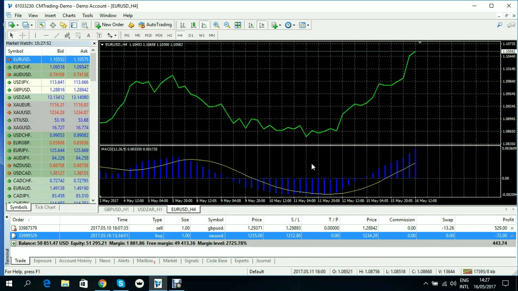On the other hand, for a sell trend, the bars will have to cross below the zero zone, and the signal, this moving average, will also have to cross below this zero zone. When these two conditions are met, a sell trend is confirmed. Then you can place your trade.